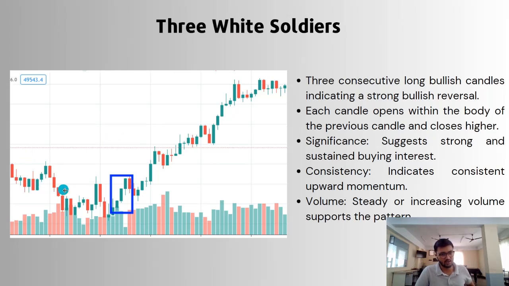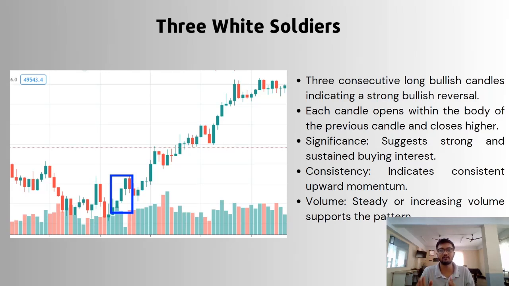Three white soldiers is three consecutive long bullish candles indicating a strong bullish reversal. You can see there was a downtrend, and at the bottom of the downtrend, there appeared three green bullish candles. Because of these three bullish candles, it suggests strong and sustained buying interest. If you saw it in a daily time frame, in a downtrend the next 3 days appear to be green candles, and the stock is trying to reverse.